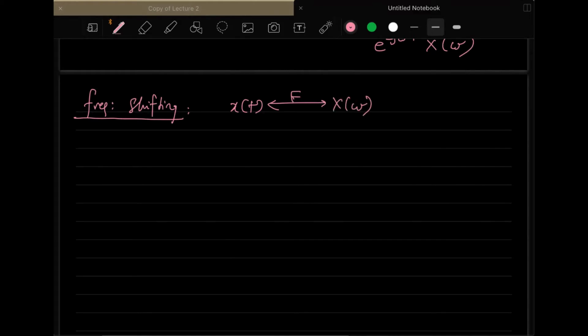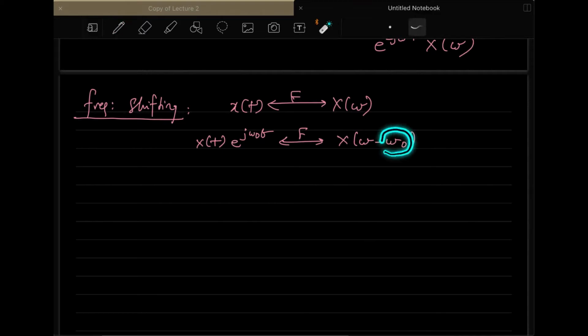If you shift the frequency by an amount of omega naught in the frequency domain, then the corresponding change in the time domain is that the input signal x(t) will be multiplied by e to the power j omega naught t, where omega naught is the same shift which you have applied in the frequency domain.